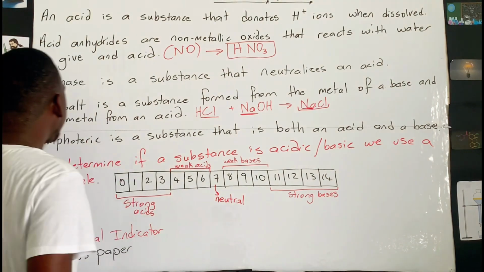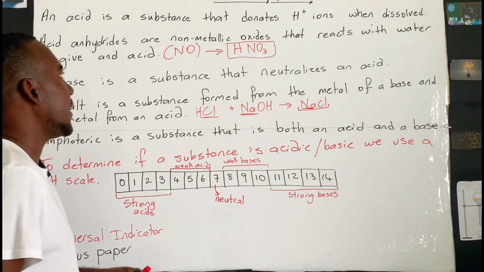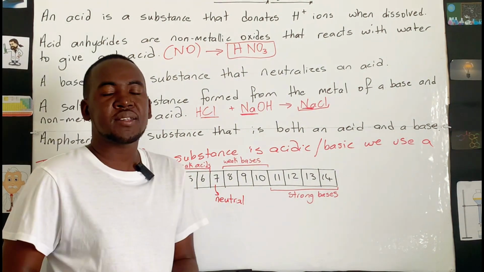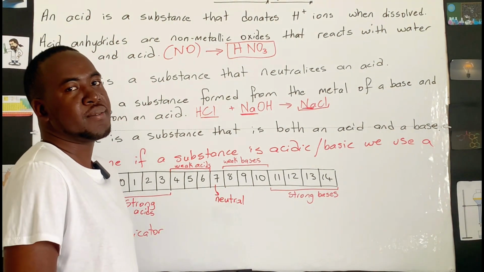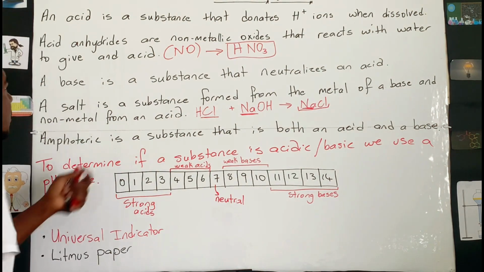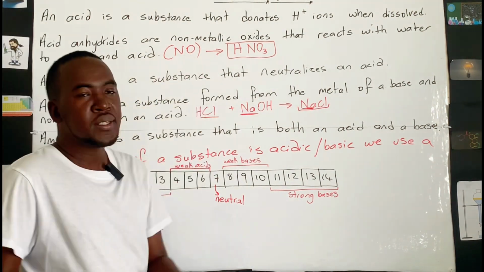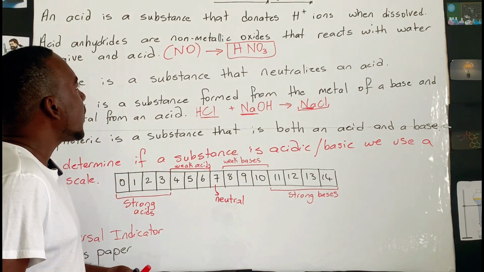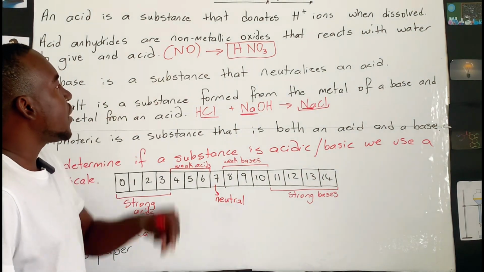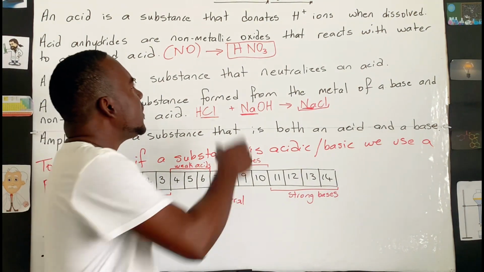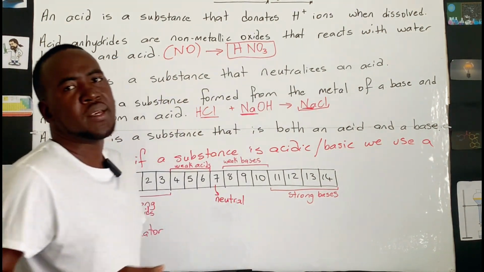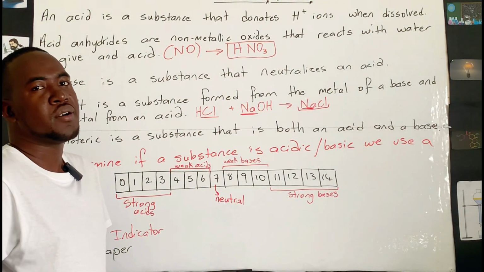Now, acid anhydrides are non-metallic oxides that, when they dissolve in water, form acids. For an example here, we have NO, nitrogen monoxide. If we mix this with water, we will more than likely get a nitric acid combination.